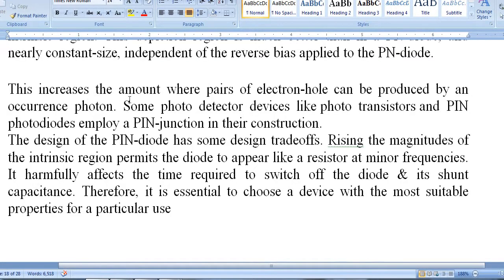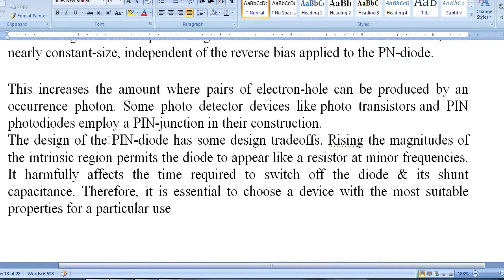This increases the volume where pairs of electron holes can be produced by an incident photon. Some photodetector devices like phototransistors and PIN photodiodes employ a PIN junction in their construction.